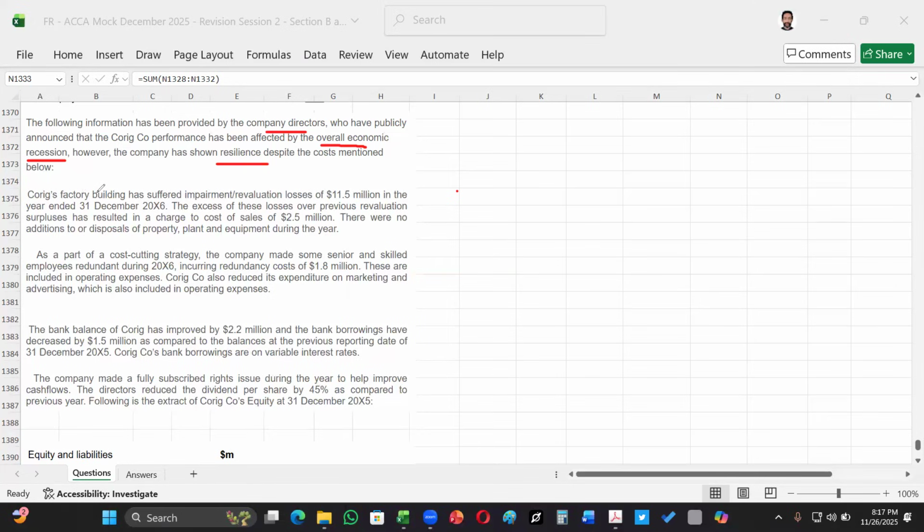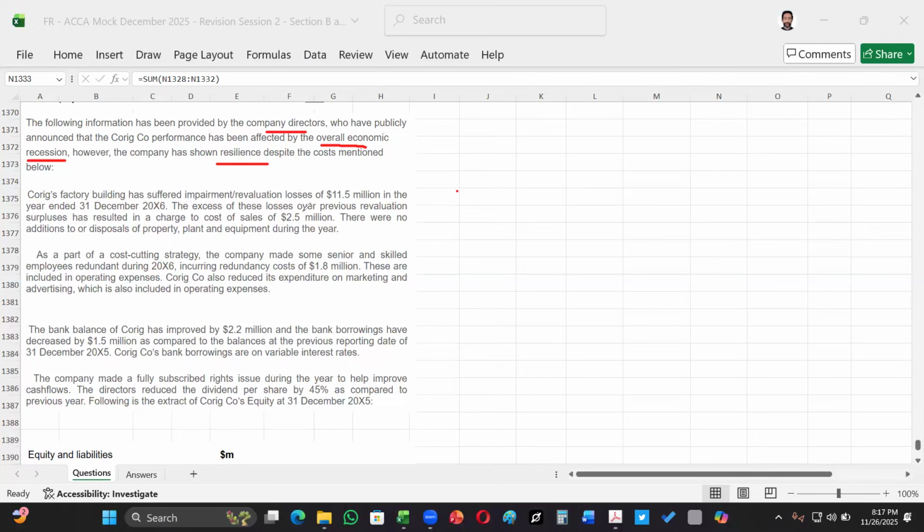Corico's factory building has suffered impairment or revaluation losses of 11.5 million in the year ended 31st of December 2026. Okay. Now this makes sense that there is a huge impairment loss, and this has made the profit go down.